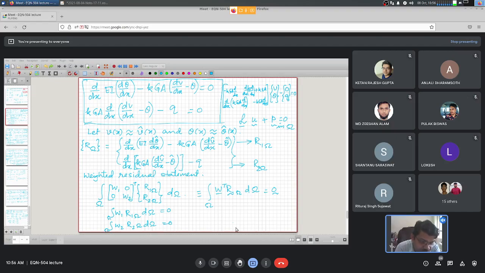It is the section rotation which needs to be continuous, and it is the transverse displacement which needs to be continuous. Right?